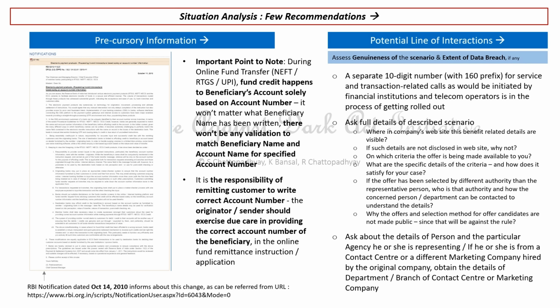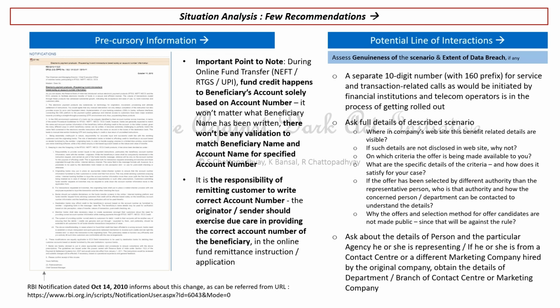Now, while a certain type of situation analysis will definitely be needed in those scenarios, there is some important precursory information that is extremely relevant for everybody to be aware of.